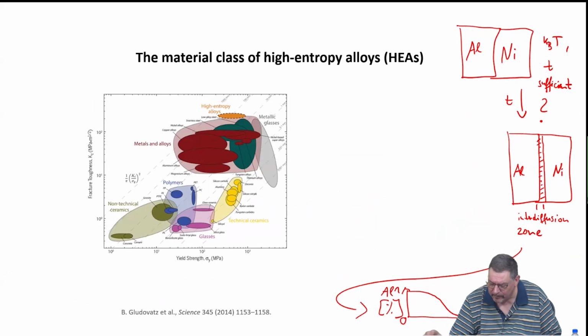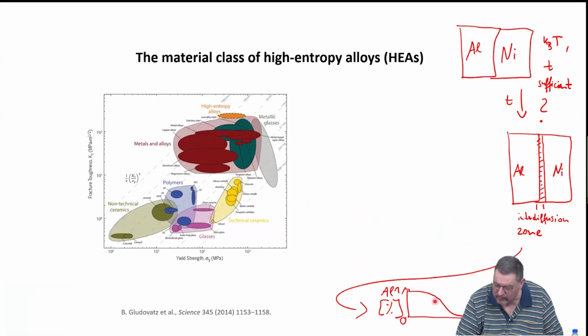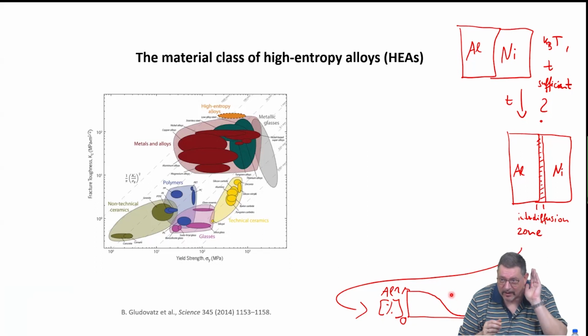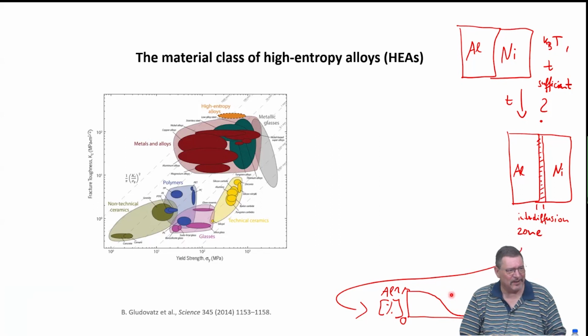So I have a region about here where I have a mixture of aluminum and nickel. But how does it work? How can aluminum go to nickel and nickel to aluminum? What's the diffusion vehicle? What defect type? Vacancy, and I heard interstitial. Okay, so what do you guys think? Both could be possible in principle, right? Yes, exactly.